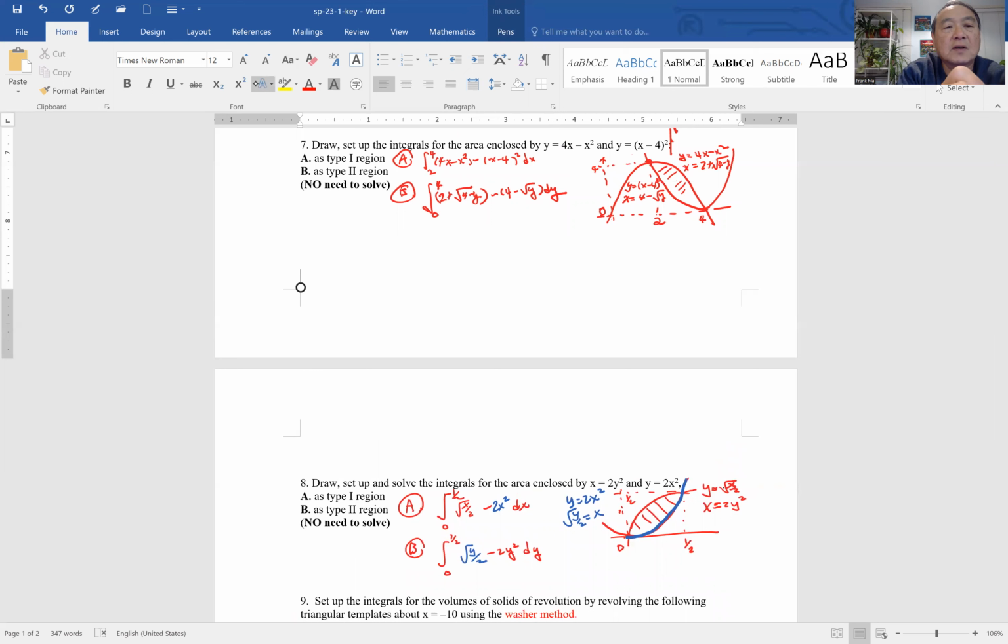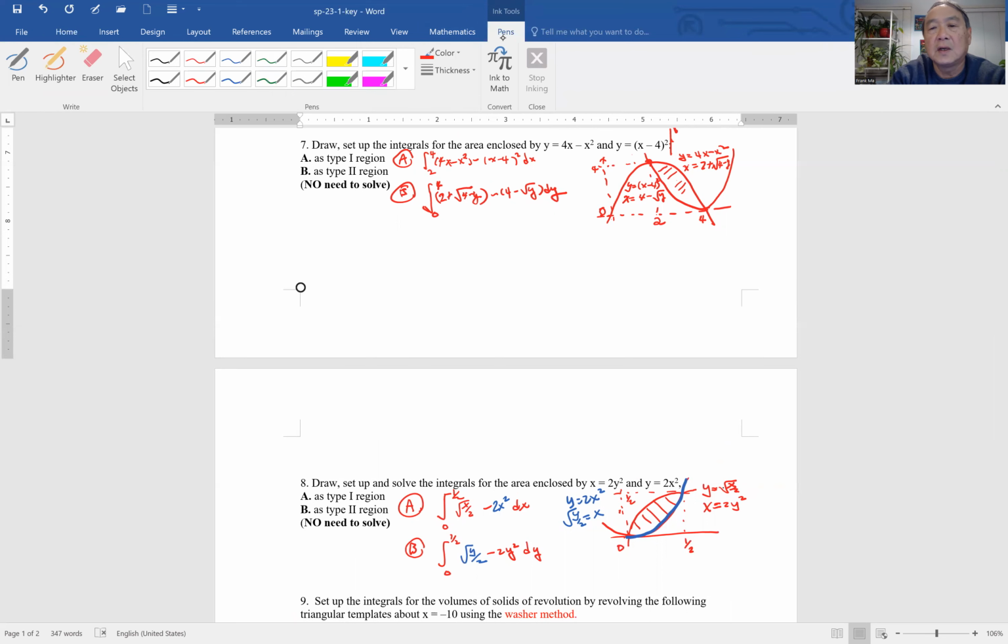For number 7, you have to solve for the boundaries of the parabolas. In particular, if I want to solve this parabola, let me label it in blue.